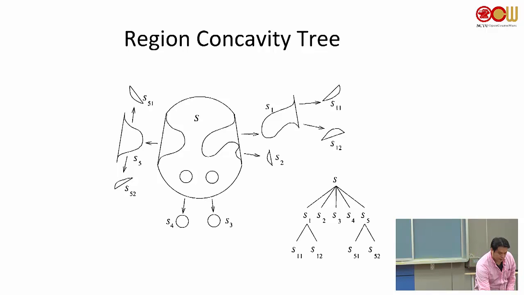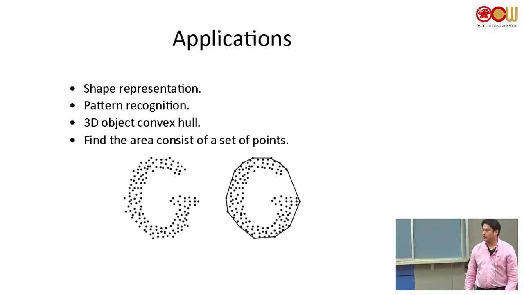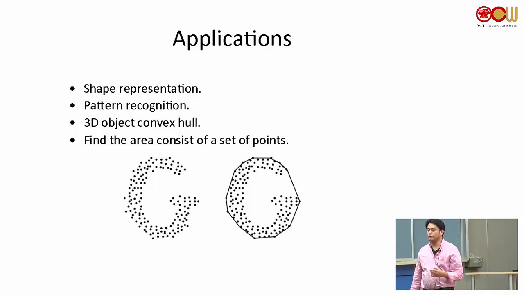So far, you may be curious how we can use a convex hull in our application. There are some applications for a convex hull. The first is called shape representation. For example, if you have a symbol or character, when people want to do OCR or text detection, they may use the convex hull to see how many concave parts are inside.